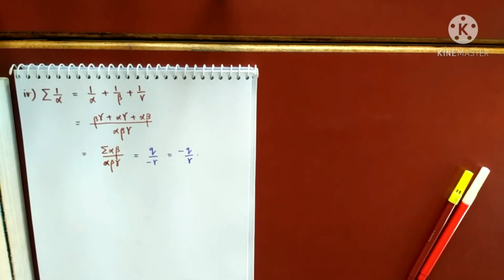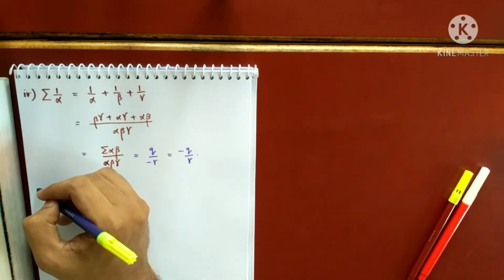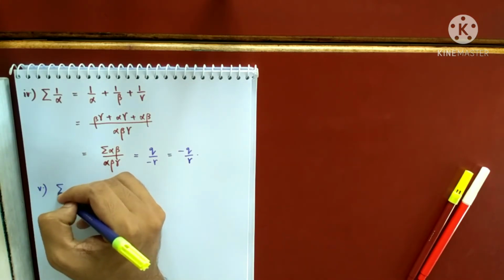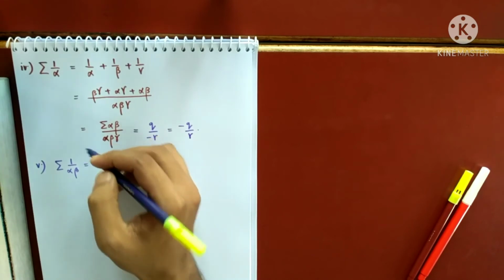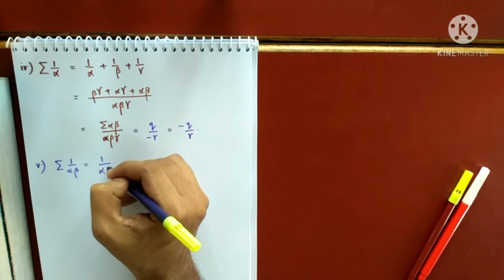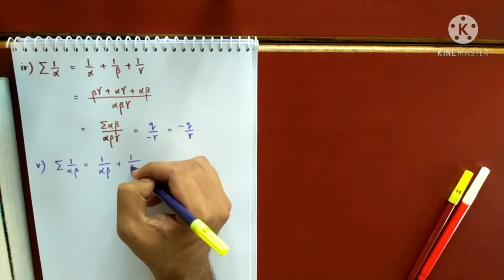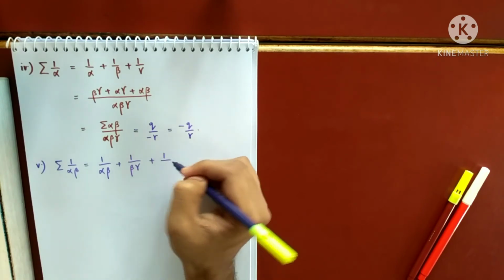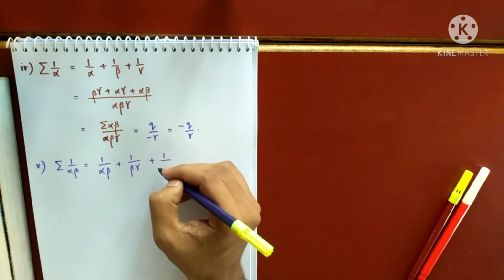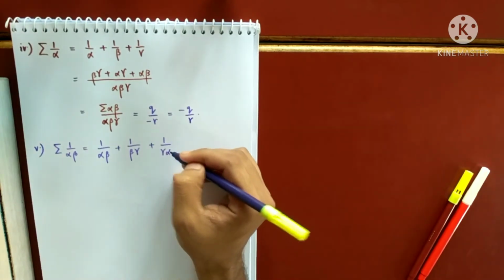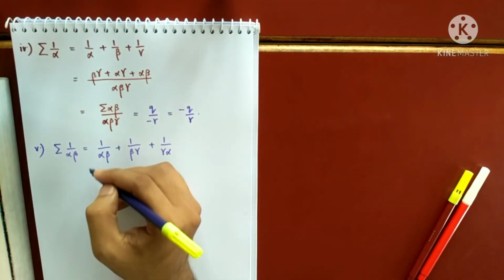Number 5, they are asking this. Summation 1 by alpha beta. So let's find all the possible pairs. So 1 by alpha beta, 1 by beta gamma, 1 by, what is left, gamma alpha. Right? That will cover all possibilities.